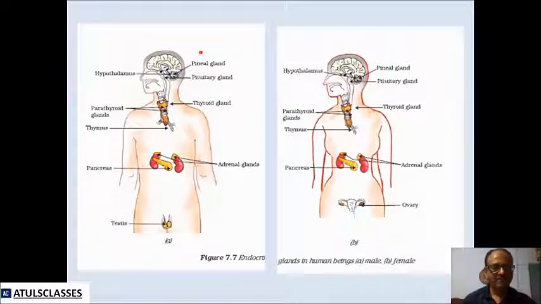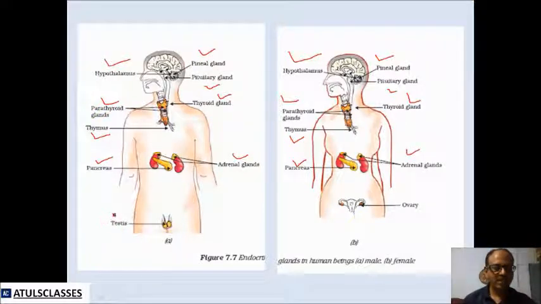Now you can see the pineal gland, hypothalamus, pituitary, thyroid, parathyroid, thymus, pancreas, adrenals, and the different one is that in males it is the testis, and in females it is the ovary.